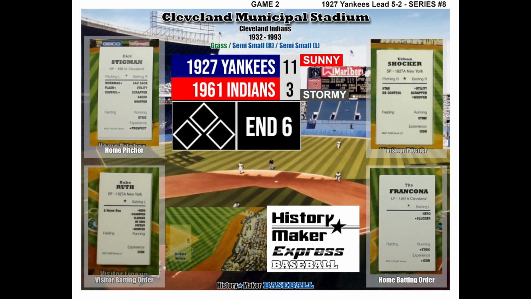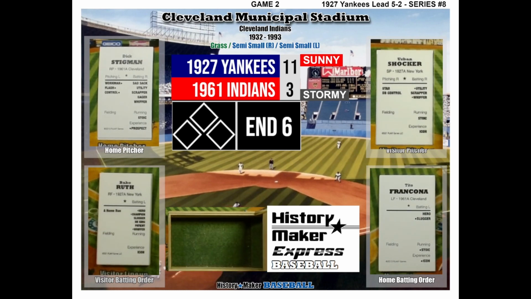And we head to the seventh inning, finally here at the stadium, with the score for the 1927 Yankees and 1961 Indians of 11-3, with the 1927 Yankees in front. Here's the Bambino, Babe Ruth. 1-2-5. Is the pitcher not fresh?